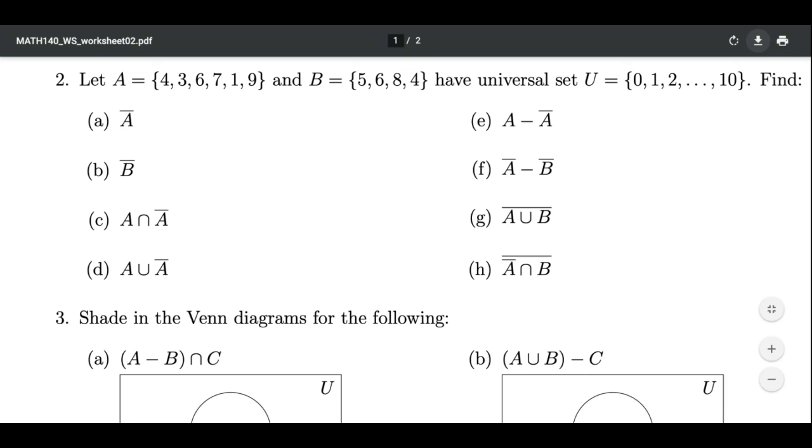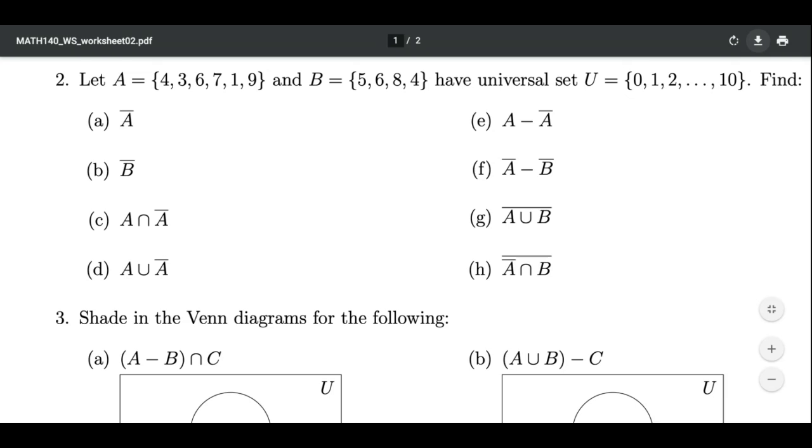So this one is A complement, A complement equals this. And this one is B complement, equals this.